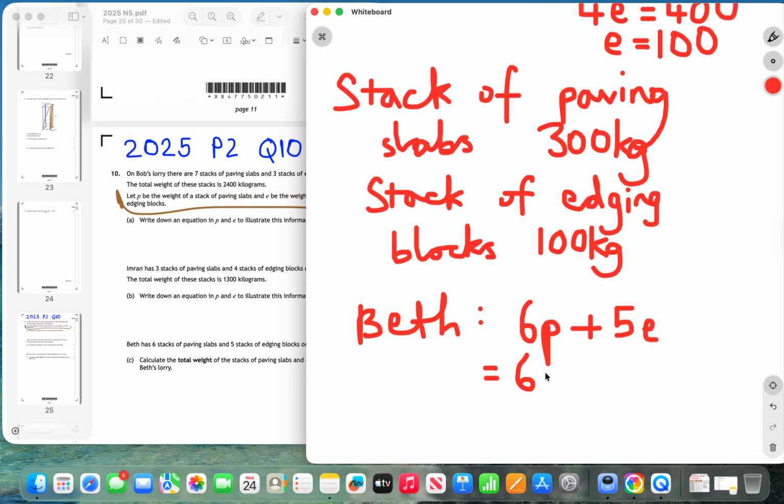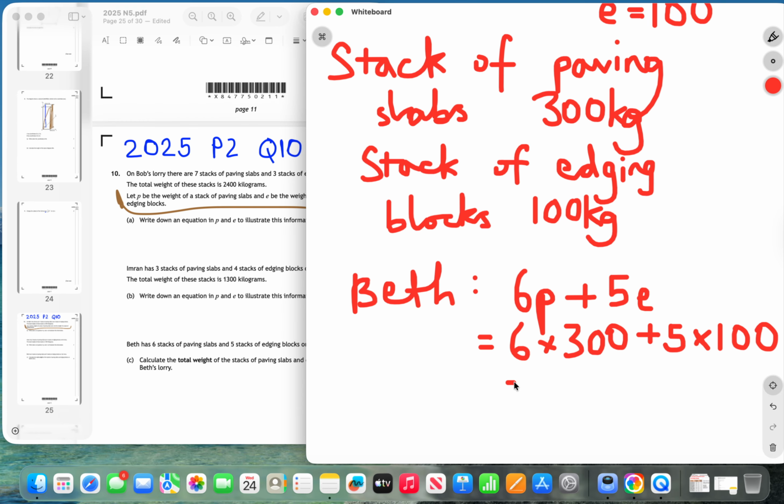Giving us 6 times 300 and 5 times 100, giving us a total weight of 1,800 plus 500 is 2,300 kilograms.